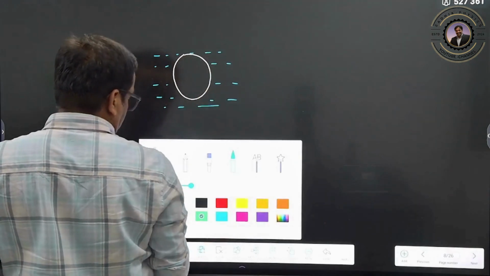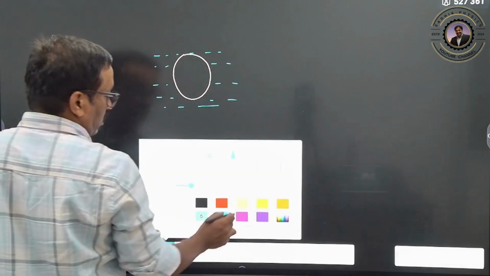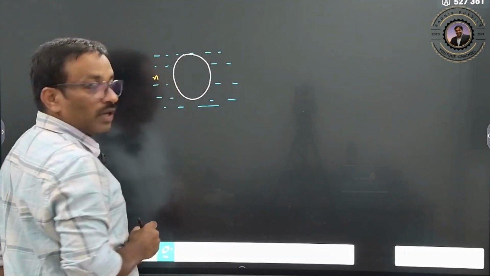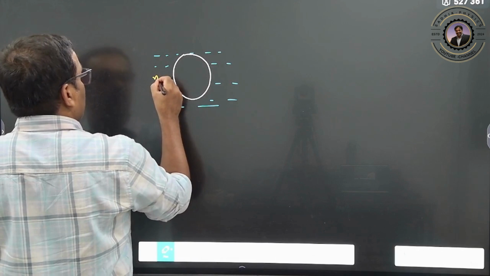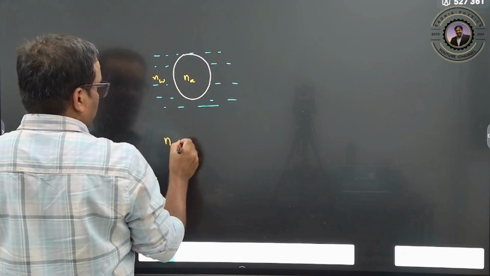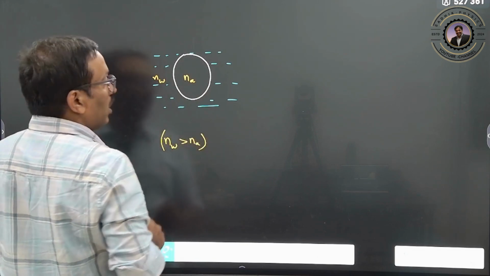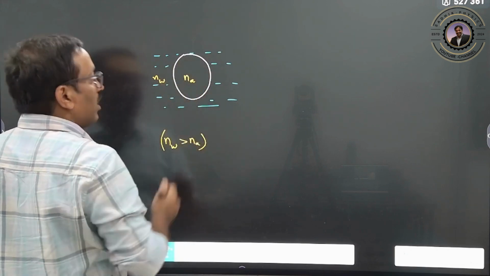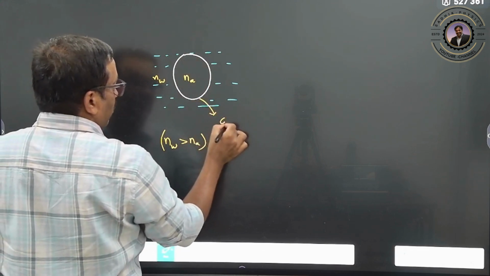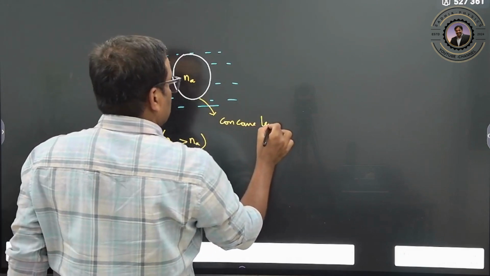The refractive index of the water will be greater than the refractive index of the air. So, this is a rarer medium, and even though converging surfaces are there, it does not matter; this will behave like a concave lens.